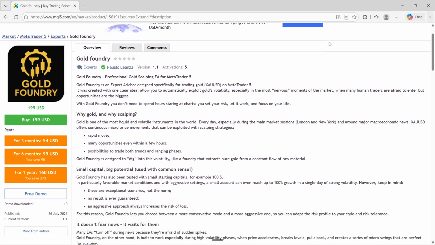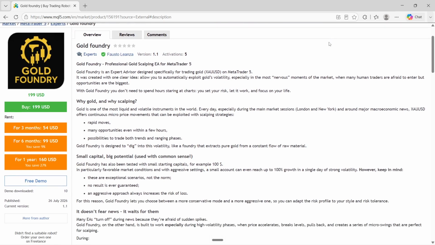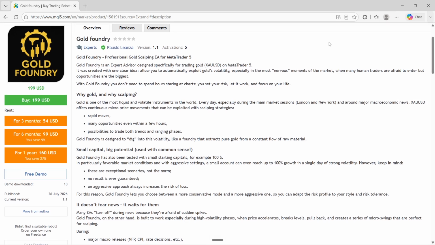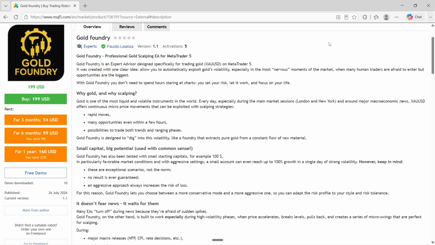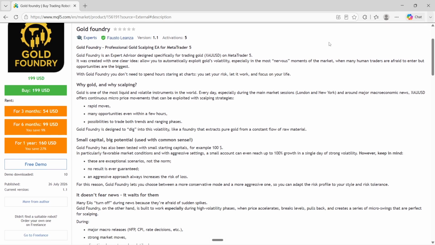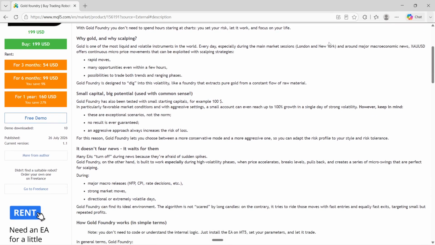The developer notes that under particularly favorable conditions and aggressive settings, a small account can theoretically see large daily growth, while also stressing that such outcomes are exceptional, not guaranteed, and that aggressive settings increase the risk of loss. Conservative and aggressive modes are available.